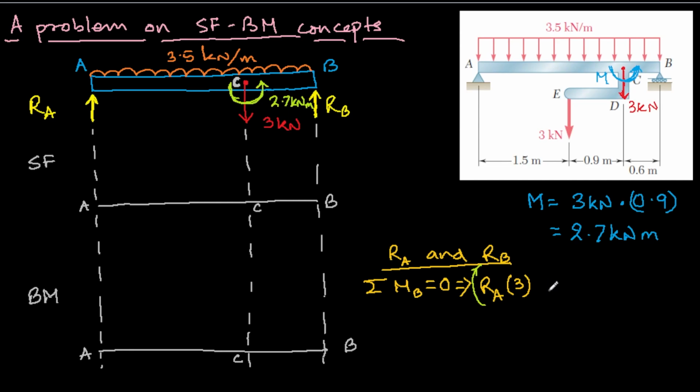Is there anything in the same direction? No, I think all other things are in the opposite direction. So then minus 3 kilonewton times, what is the distance here? It's 0.6. This is also in the counterclockwise direction, that is why this negative sign.